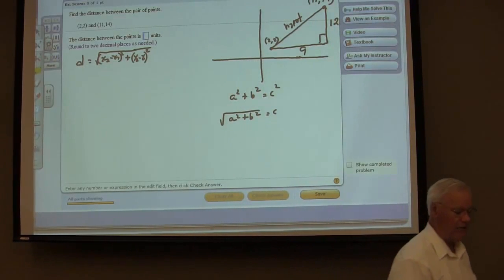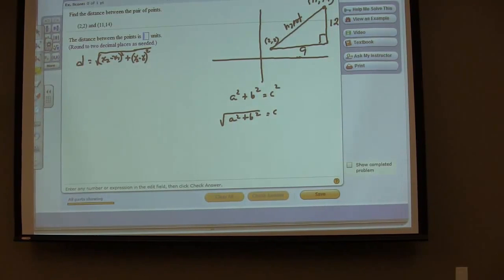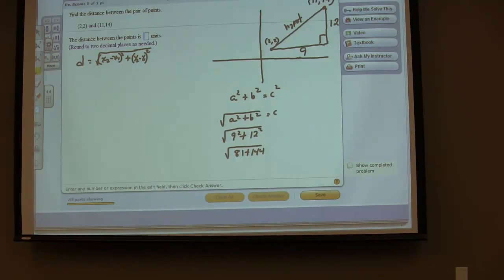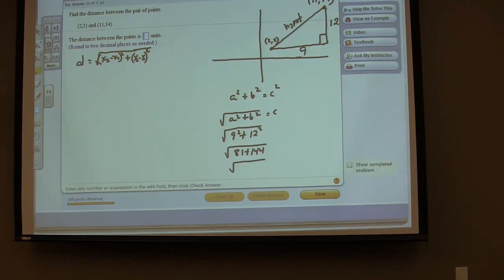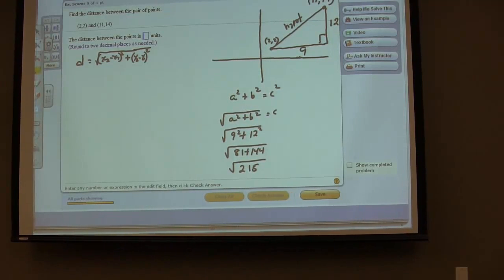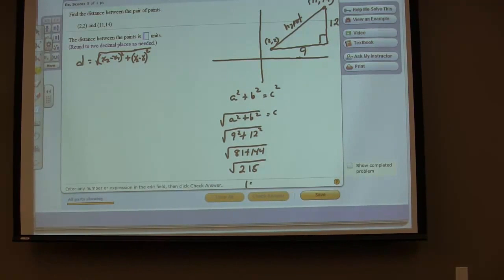Now, how are we going to solve this equation? Well, we've already determined that the difference in the x's is 9, the difference in the y's is 12, so this is the square root of 9 squared plus 12 squared, which is the square root of 81 plus 144, which is the square root of 225, I believe, which I believe is 15 itself.